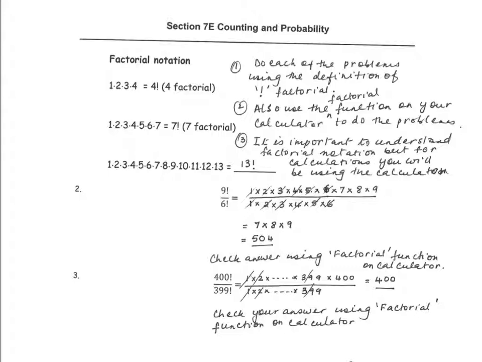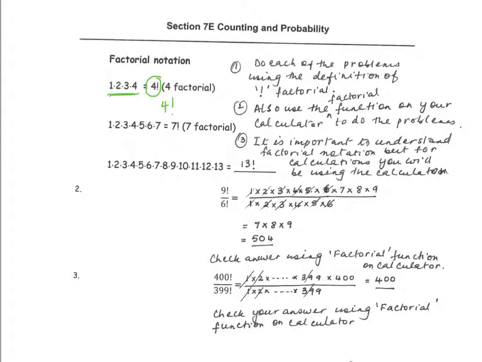So 1 times 2 times 3 times 4. If we had to find this using a calculator, we'd enter it just the way we see it here and hit the enter button. However, we can also use the factorial notation. So 4 factorial is the same as the product of all natural numbers starting with 1 and ending with 4.